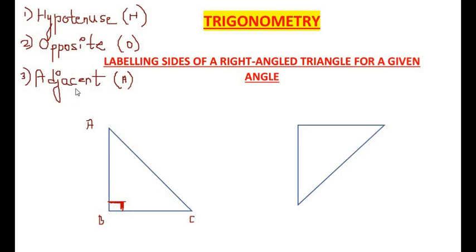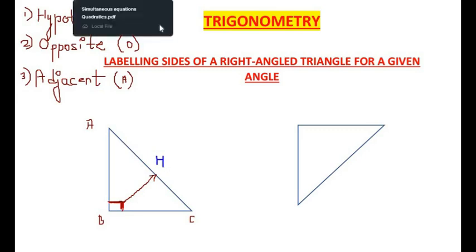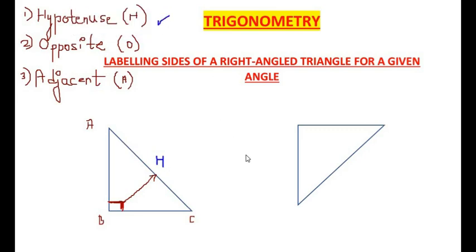So here the hypotenuse is the longest side of a triangle, and it is always opposite to the 90 degrees present in the triangle. So here is our 90 degrees, and opposite to that is the side AC, and it is the longest side of the triangle as well. That is why I will name this side as hypotenuse H. So the first side is completed.